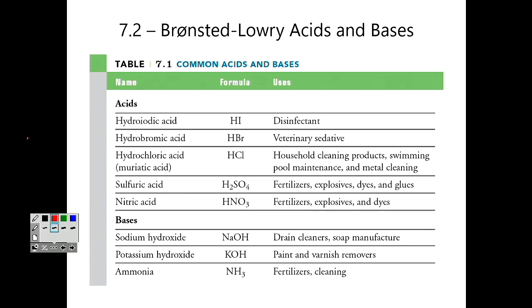The main component of Drano is sodium hydroxide, extremely concentrated. So that's not the one you want to put your finger in, because it may go down the drain with everything else. Right? So just be careful with that. And then, any source of hydroxide is technically a base. Now, ammonia is a base as well, as we're going to see.